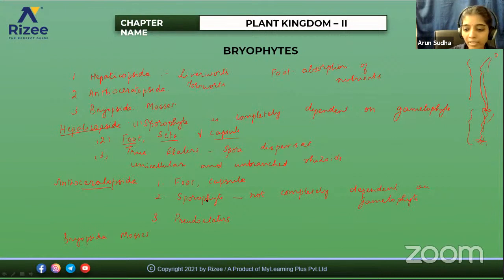And here they have the structures called peristomial teeth, that is teeth-like structures that are present on the top of the capsule, which is responsible for spore dispersal.